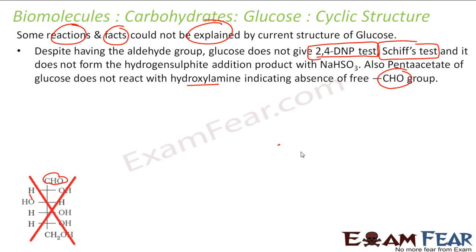So if we take the pentaacetate of glucose, for example, this is my pentaacetate of glucose, CH3, CH2, OCO, CH3. This is my pentaacetate of glucose, right? So when you react this with hydroxylamine, it does not react, but glucose reacts, as we have seen.